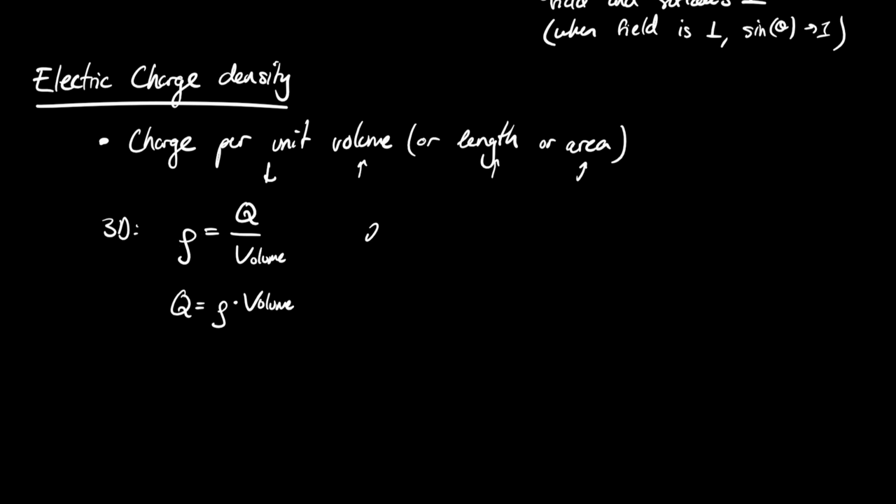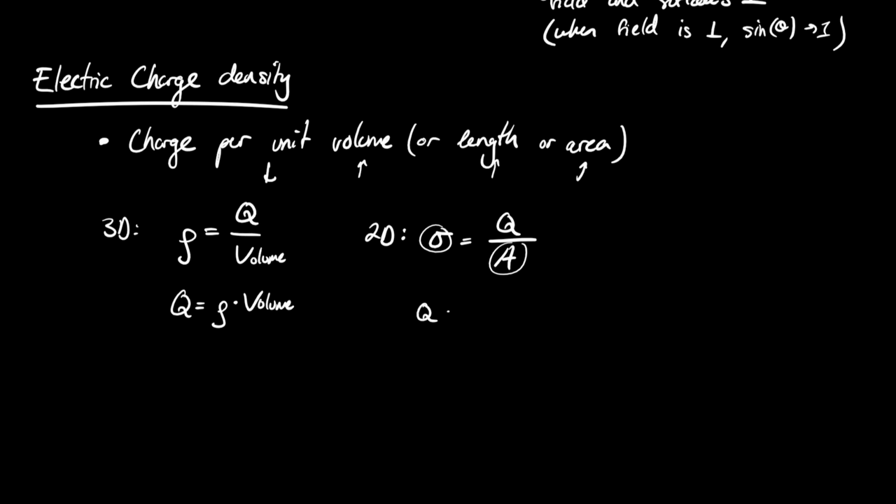Okay, for 2D, this is going to be problems involving surfaces like pieces of paper with charge. We're going to use the symbol sigma. And again, this is going to be charge over area this time. And just like last time, the actual way you usually use this formula is you are given a sigma and you're asked to convert to the amount of enclosed charge, or the amount of charge on the surface.